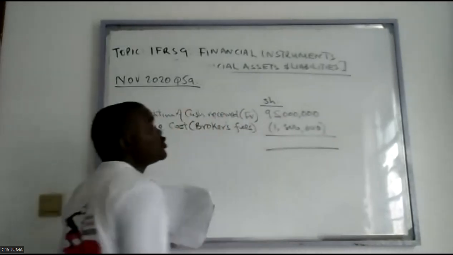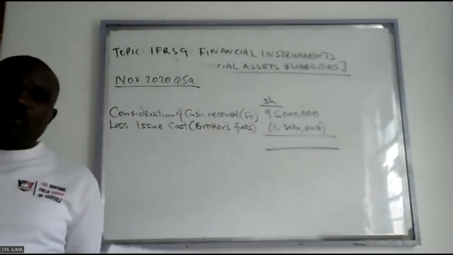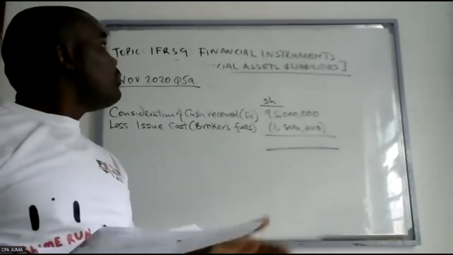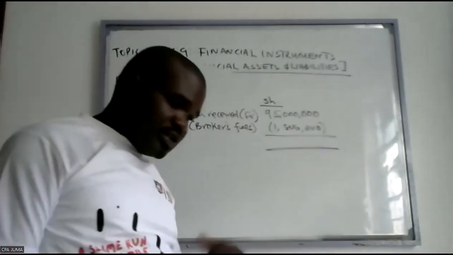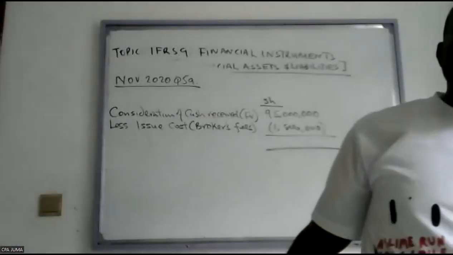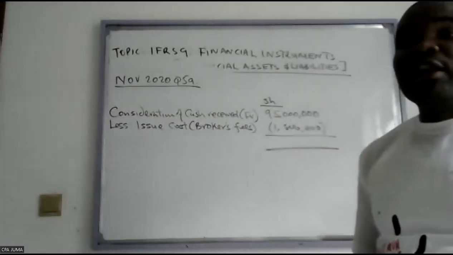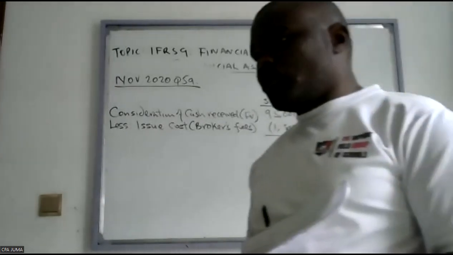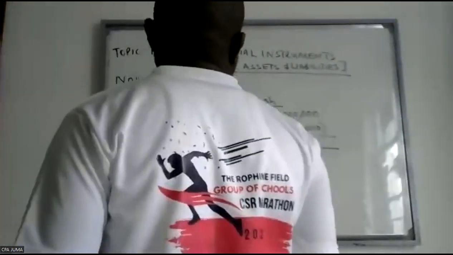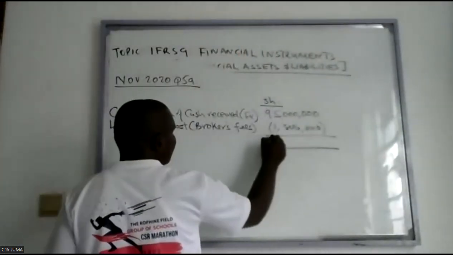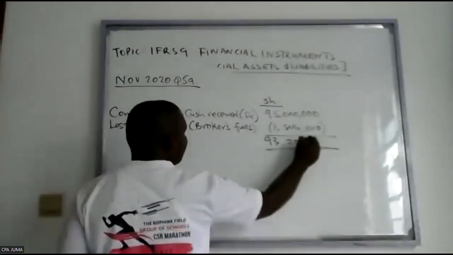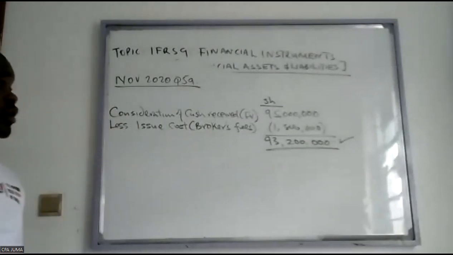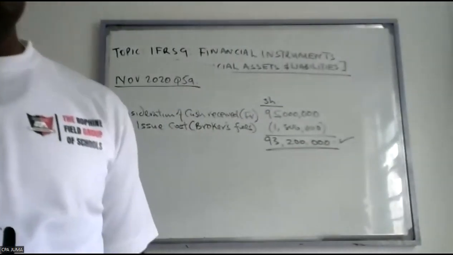So the value of the bond should be that. Because in the books, the value of the bond should be less the issue cost. You subtract the issue cost. So this is 93,200. That should be the value of the bond in the financial statements.